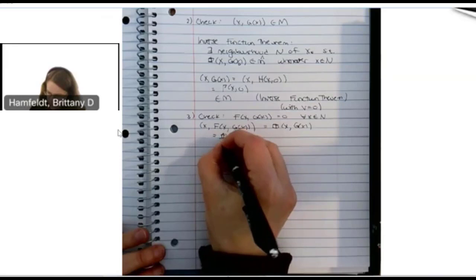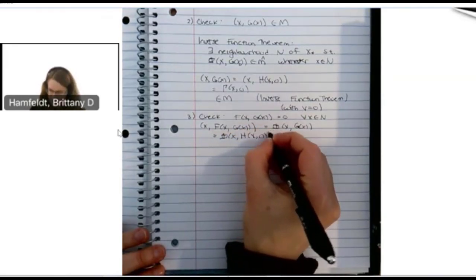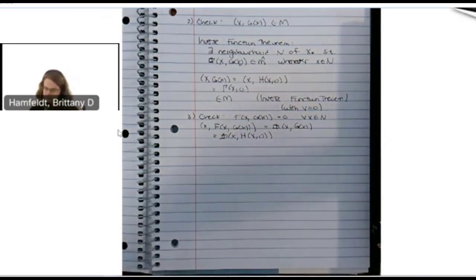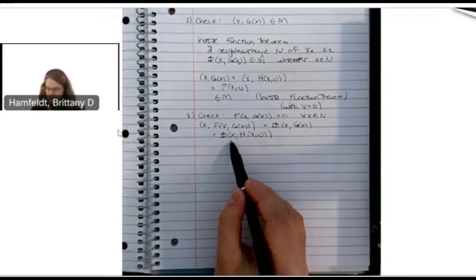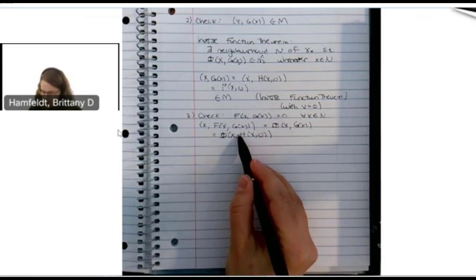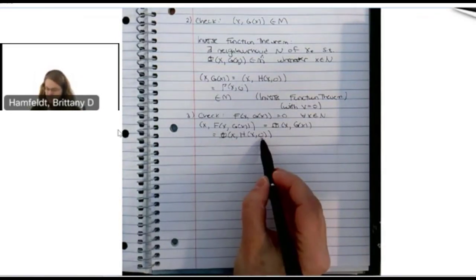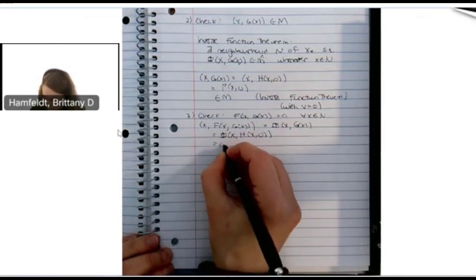This is phi of x and h of x, 0. And then we look here and say, well, this looks familiar. x and dummy variables paired with h. That's our inverse function. That was gamma. So it's gamma where x is x and v is equal to 0. So everything in here has the form of our gamma function with that particular choice of v.